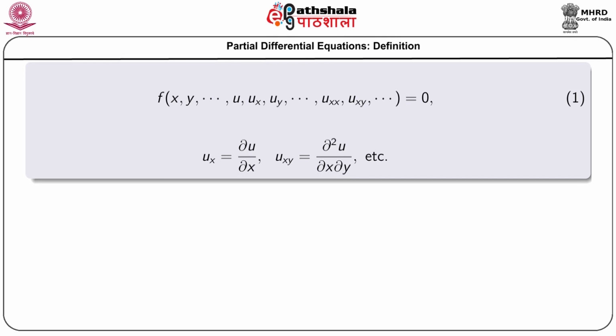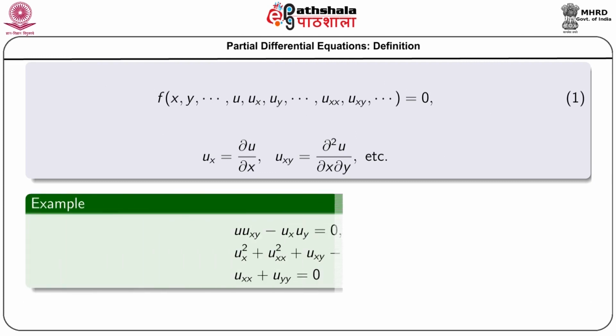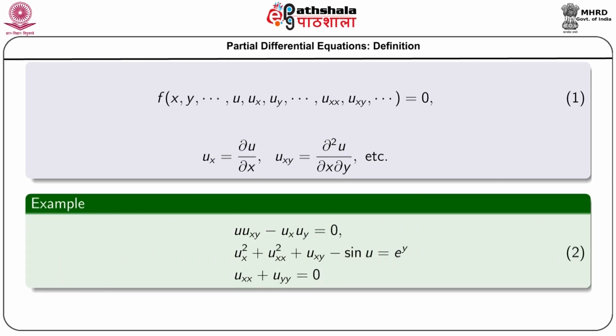Thus, the general form of a partial differential equation can be represented by equation number 1, where ux, uy are the partial derivatives with respect to x and y, and similarly we can define all other partial derivatives. Now, in equation number 2, we have shown some partial differential equations. So, these are the examples of partial differential equations.